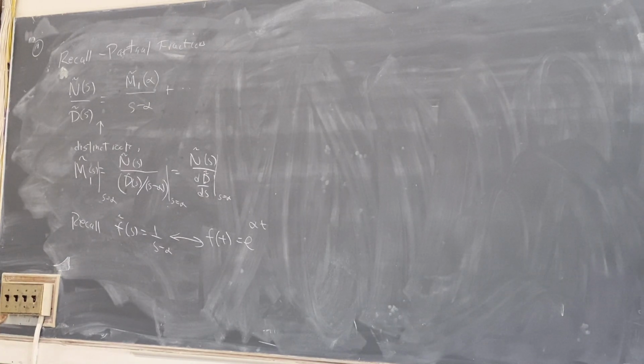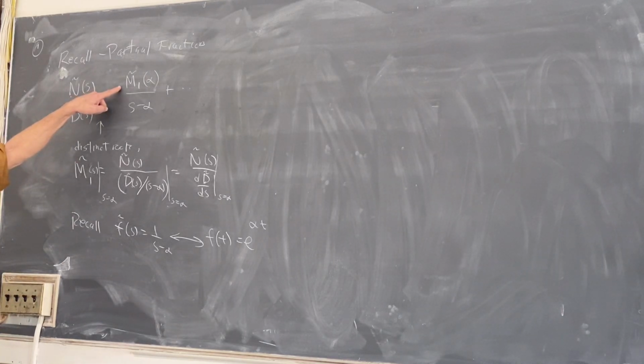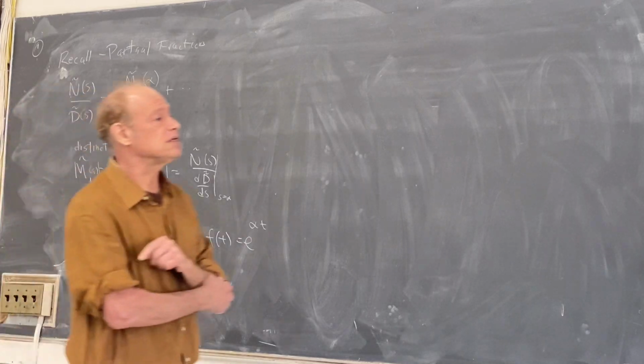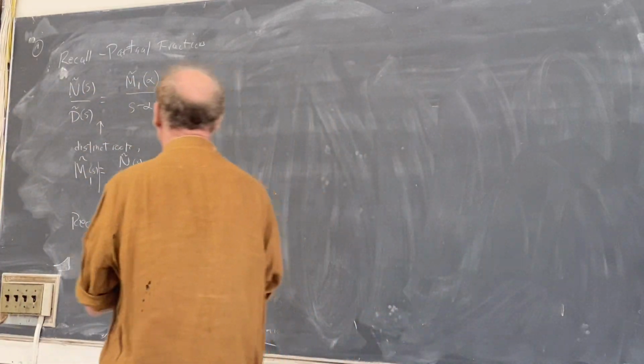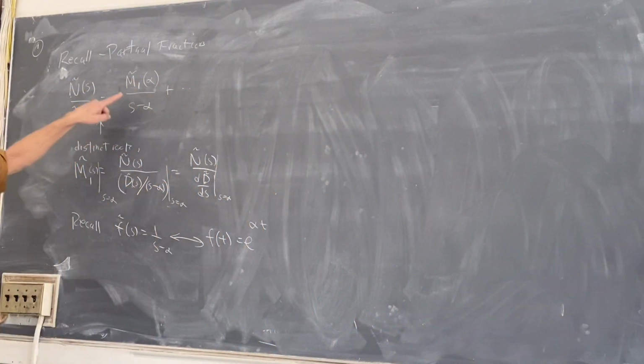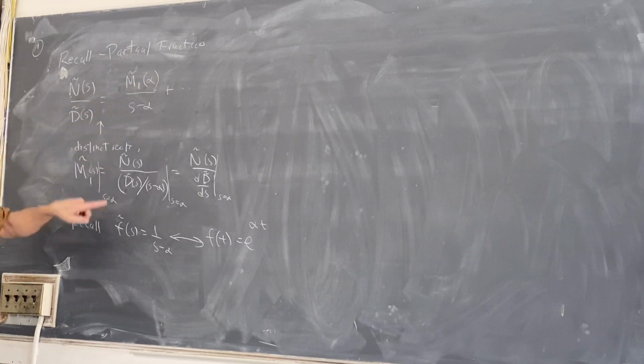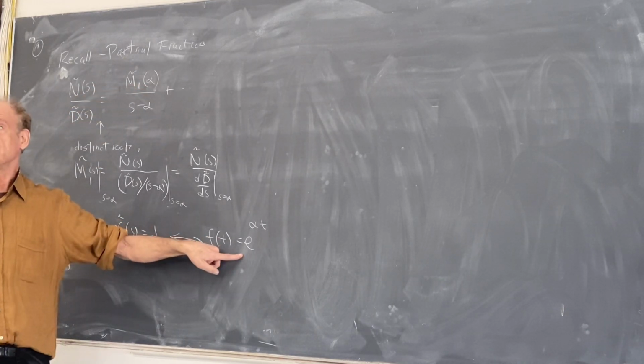It's not doing anything interesting. The numerator is just contributing to m1 tilde of alpha. When I invert this, I'm going to get an m1 tilde of alpha times e to the alpha t.